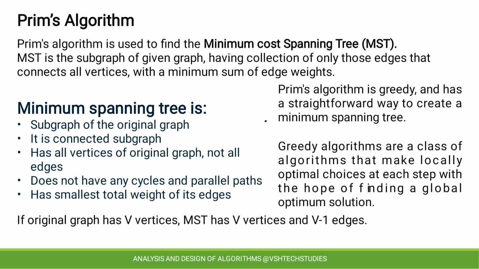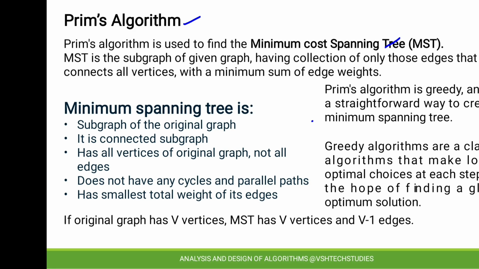Greedy algorithm means a class of algorithms that make locally optimal choices at each step with the hope of finding a global optimal solution. So, Prim's algorithm finds the subgraph of the given original graph where the sum of edge weights is minimum. It gives the optimal solution.